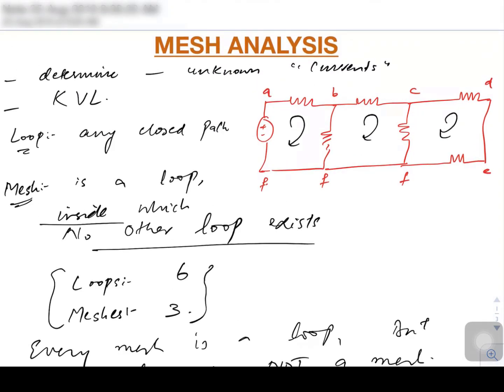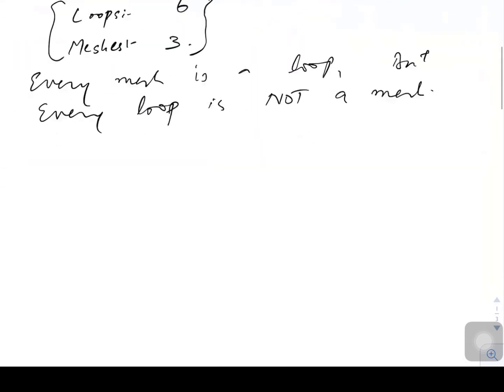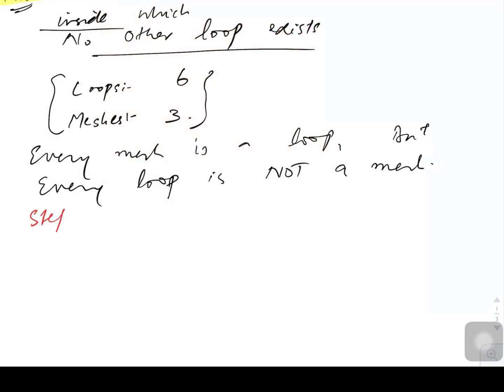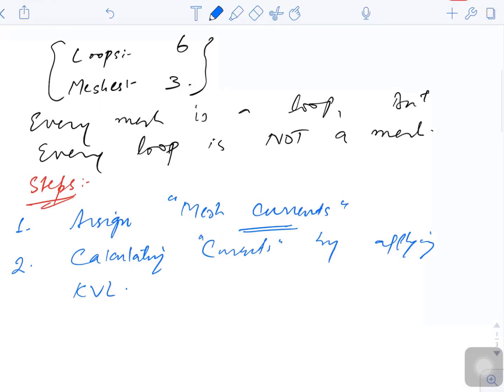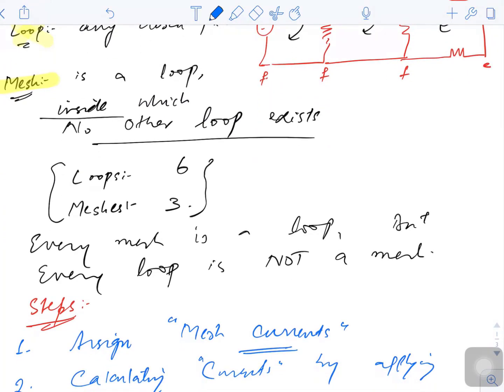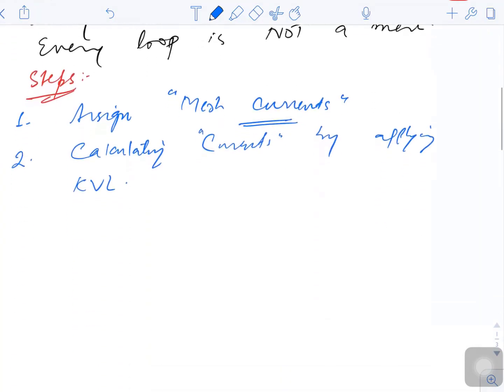Now this method is based on mesh analysis, which means once you write the KVL equation, it must be applicable only to a mesh, not a loop. And the steps that we have to follow are very simple. What are the steps we follow? So this is the basic of mesh analysis. Let us understand this with one example.